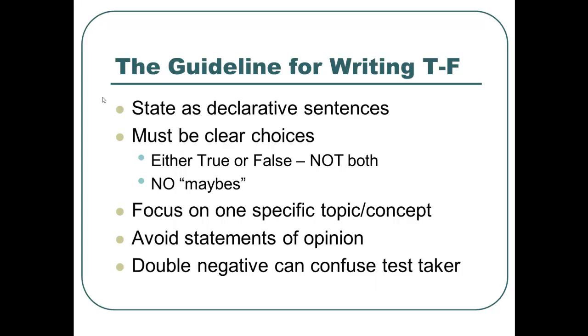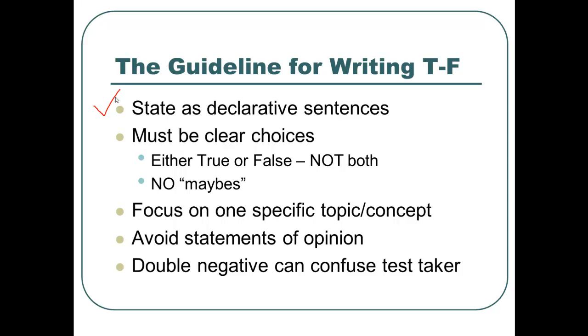So let's take a look at some guidelines for writing true-false questions. State the question as a declarative sentence. A declarative sentence is a sentence that makes a statement of fact. And that's it.